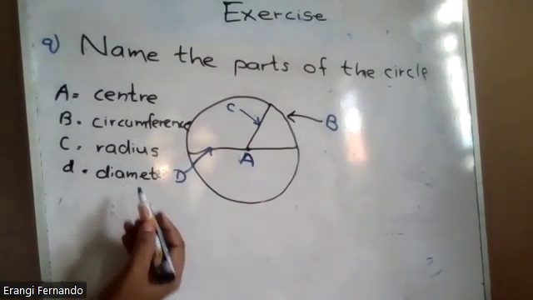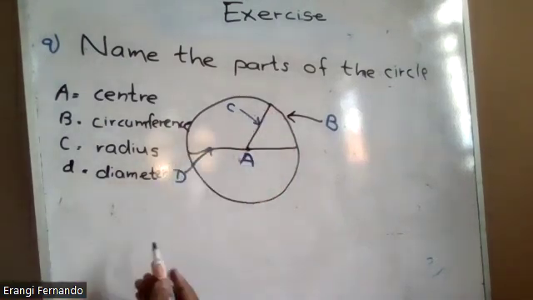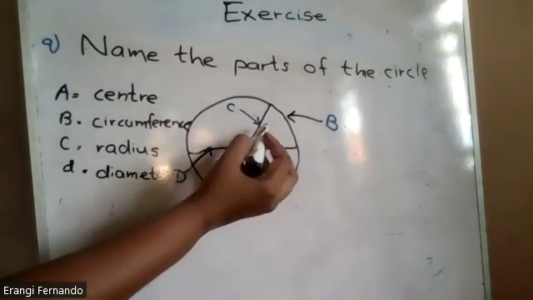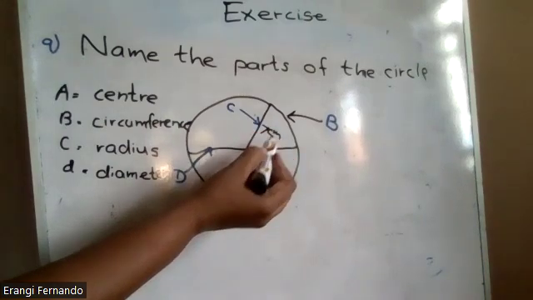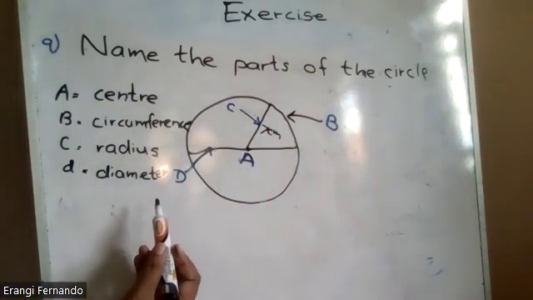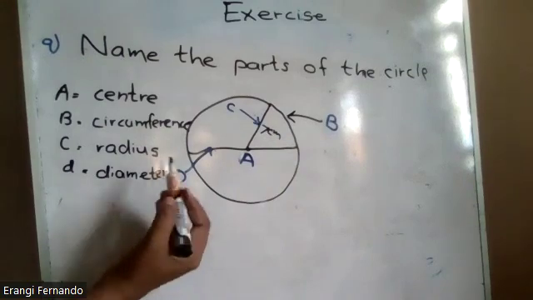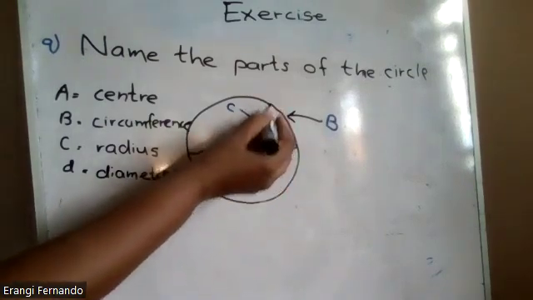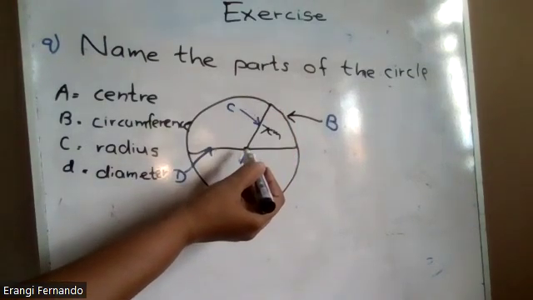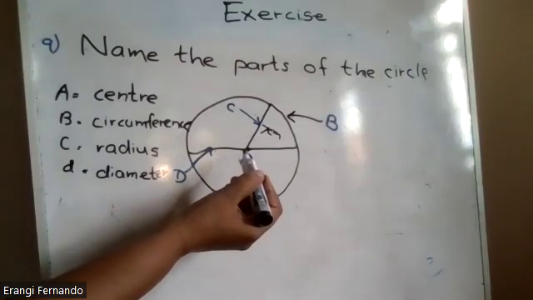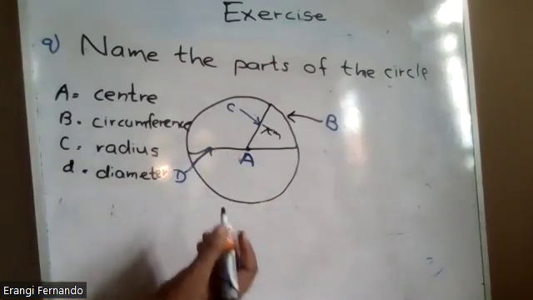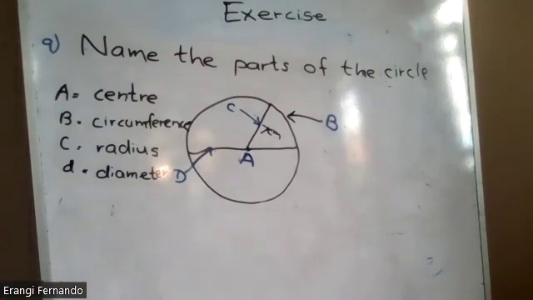The half of the diameter is the radius. So if the radius is 7 centimeters, what is the value of the diameter? Diameter means 2 times the radius. So 2 times 7, the diameter is 40.